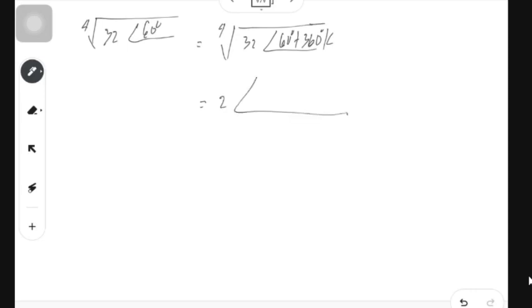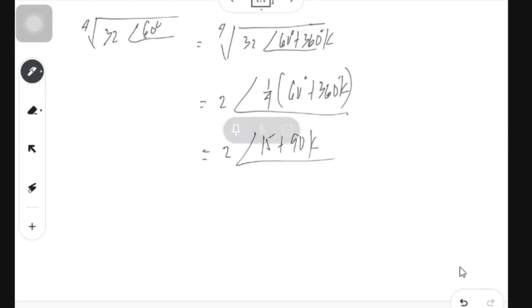You have to divide the angle by 4, kasi fourth roots eh. Pwede na hindi ilagay yung degrees, understood na yun eh. So, if we're going to divide this by 4, 60 divided by 4 is 15, plus 360 over 4 is 90. K equal to 0, first root, anong lalabas? We have 2 bar angle of 15.